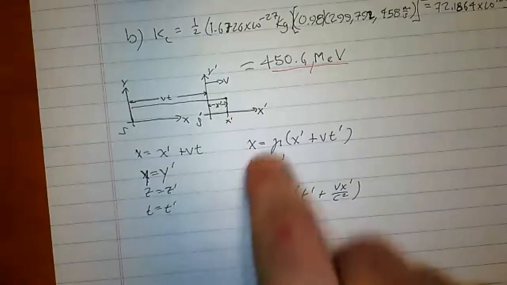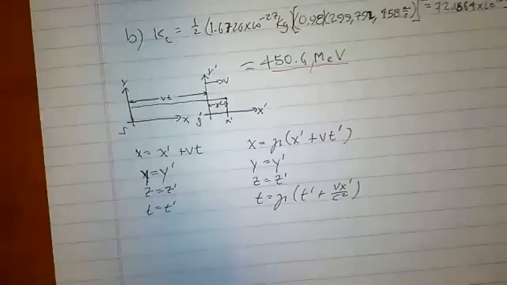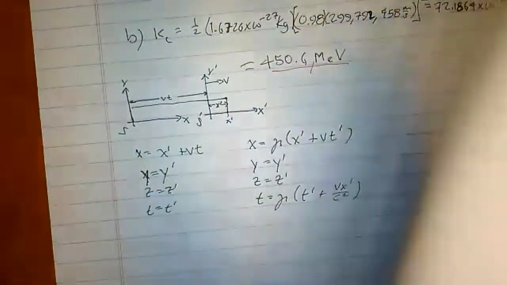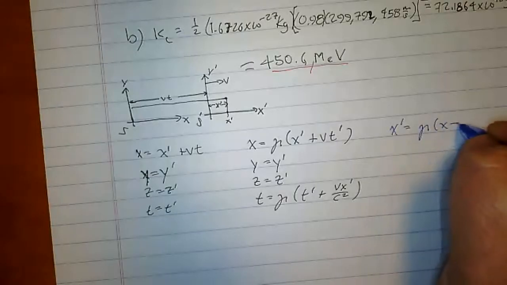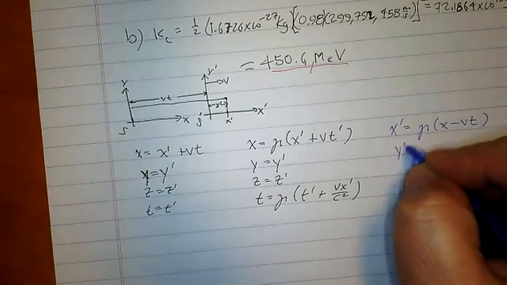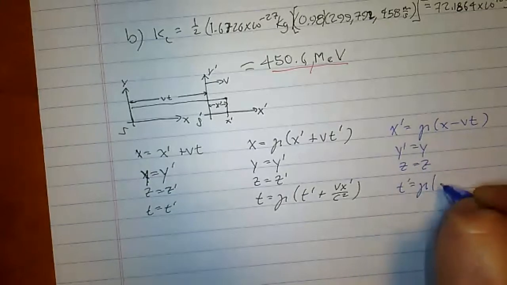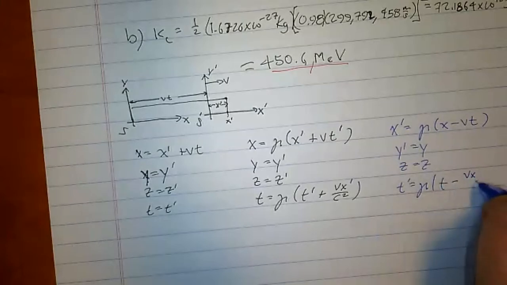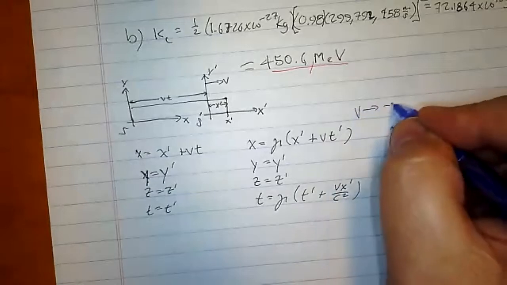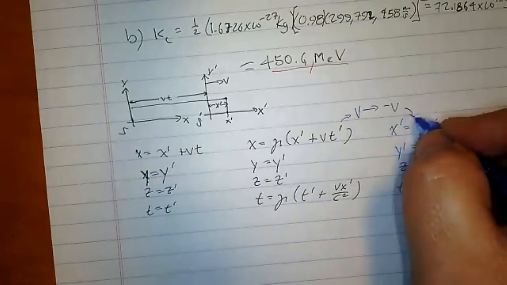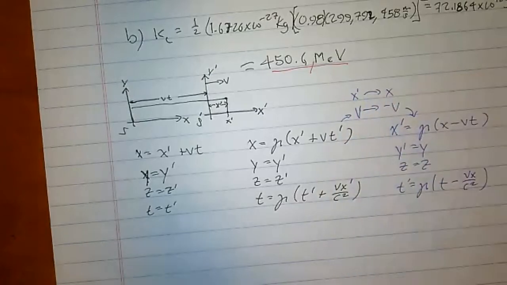If you want to solve this for x prime, y prime, z prime, and t prime, I'll do it with a different color pen, then x prime is equal to gamma times x minus vt, y prime is equal to y, z prime is equal to z, t prime is equal to gamma times t minus vx over c squared. So notice all you really did was change v to negative v going from here to here, and you changed prime to not prime.